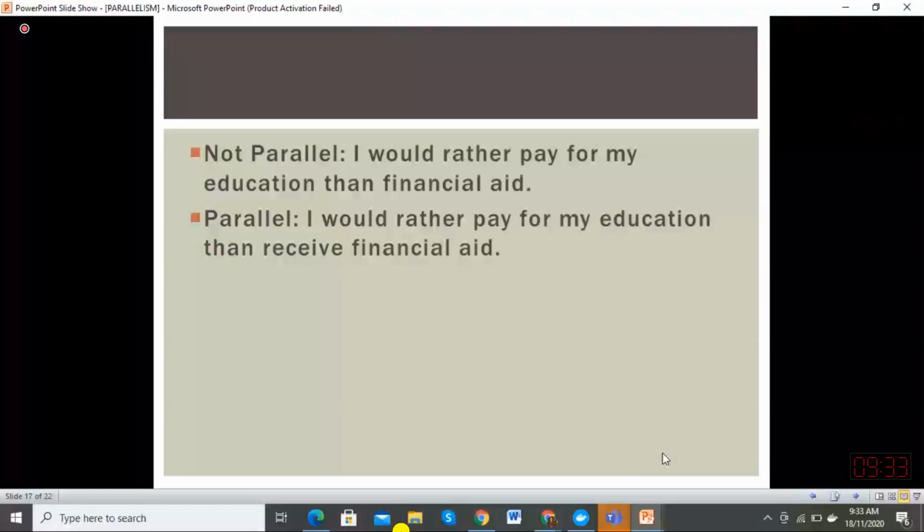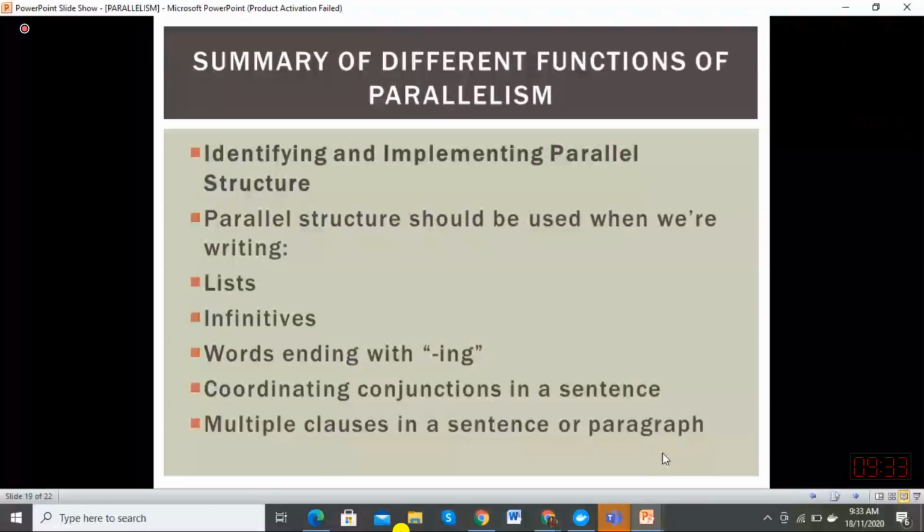So the summary of the different functions of parallelism is identifying and implementing the parallel structure: list infinitives, verbs ending with ing, coordinating conjunctions, multiple clauses in a paragraph, comparative conjunctions, correlative conjunctions. So these are the five, six, seven things in which we use parallel structure by following the same structure. If you are using present tense, keep following the present tense till the end of your sentence. If you want to change it, it's better to start a new sentence.